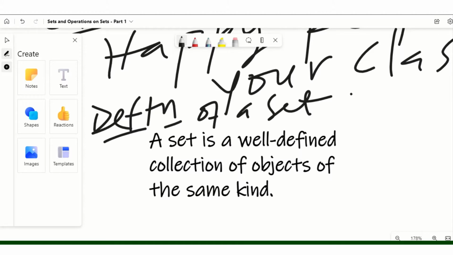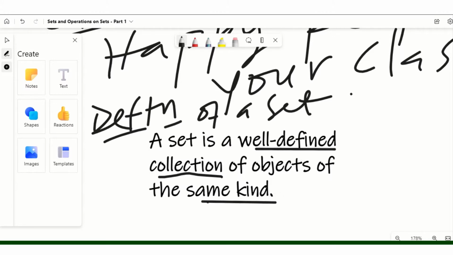Now, if you look at it, the key word we have in here is that it's well-defined. Okay, it is a collection. It's not made up of a single object. It's a collection. And another key word is that they are of the same kind.